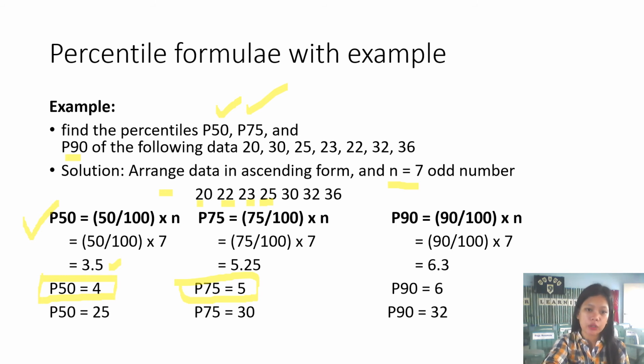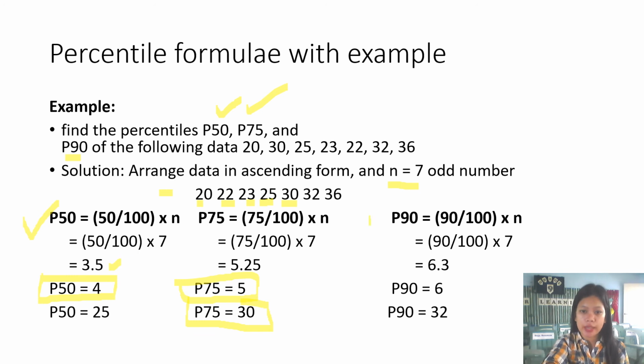So we have to count from the first data to the 5th data. Since 20 is the first data, we have 1, 2, 3, 4, and the 5th is 30. So 75th percentile, or 30 and below, is the distribution of the 75th percentile.